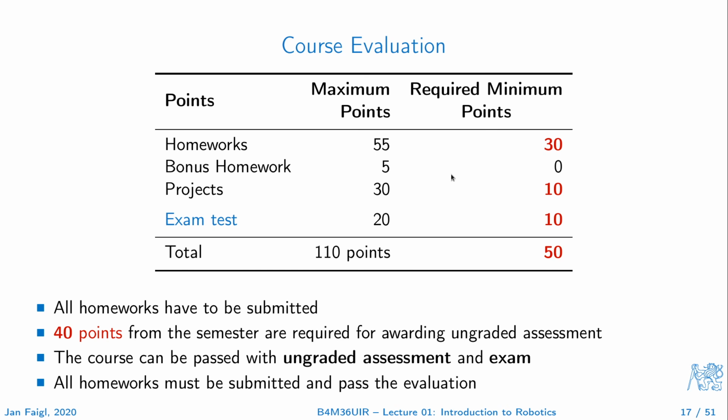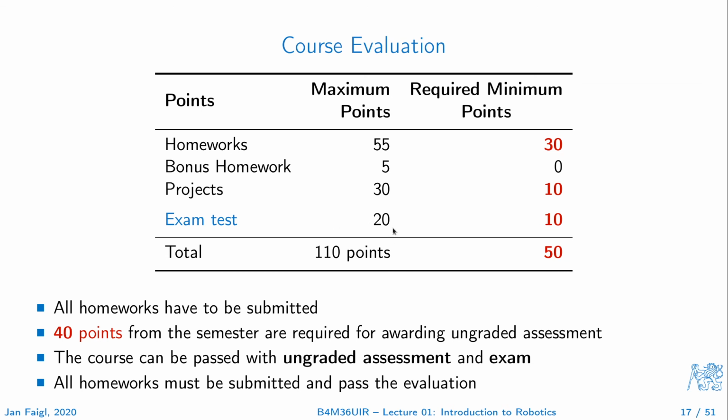You have up to 110 points. From the homeworks you can gain this, but it's the minimum required. You have a bonus homework, which is highly recommended, but you don't need to do it unless you are so penalized from the late submission of the homeworks that you will need it. From the project you need 10 points, but you can gain much more.